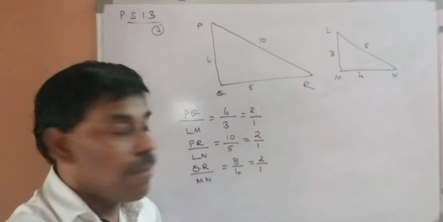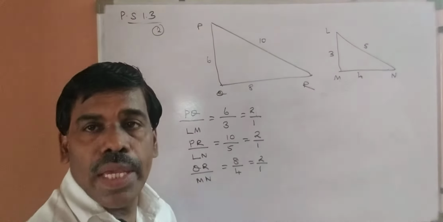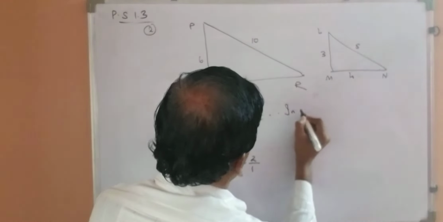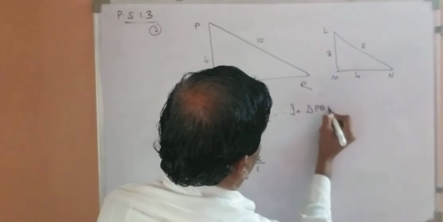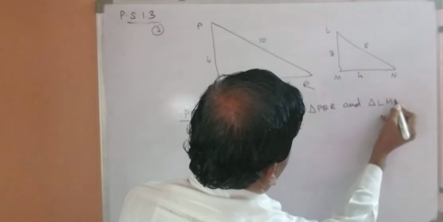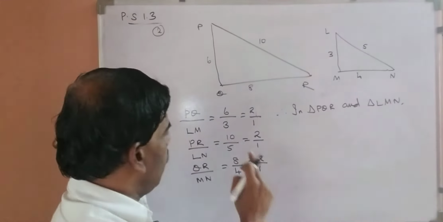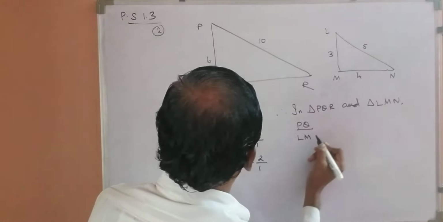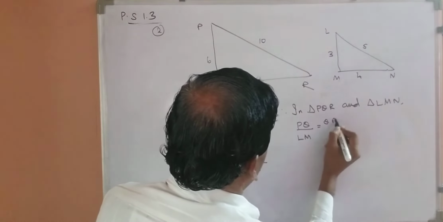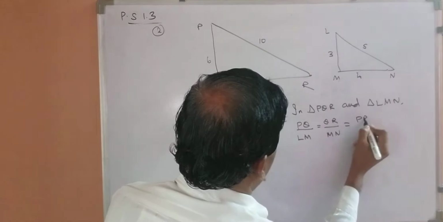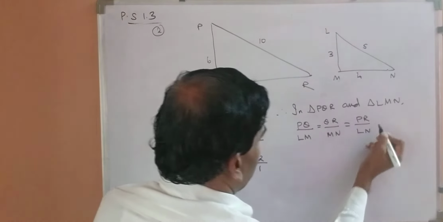Look at this. All these sides have equal proportion. Therefore, in triangle PQR and triangle LMN, what we got? See these three: PQ upon LM equal to QR upon MN equal to PR upon LN.